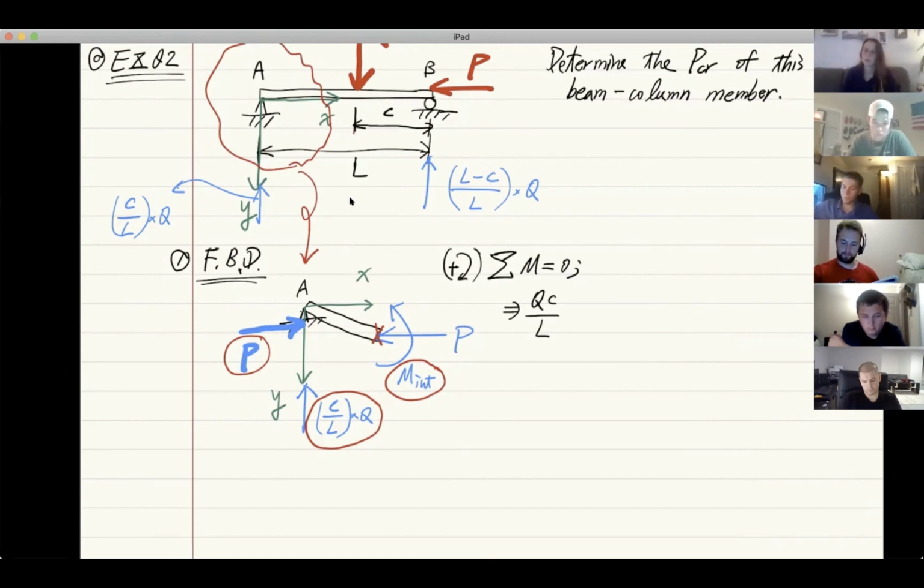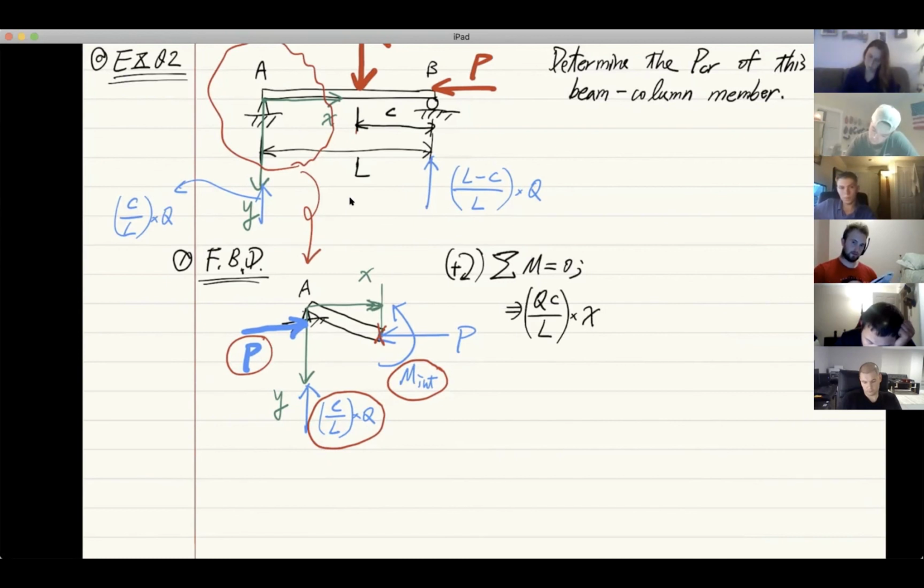The moment is actually the force times the distance. So what's the distance? The distance in this case is actually x. This is x. From here to here is on the x-axis. So here, force times x. That's clockwise, so it's positive.